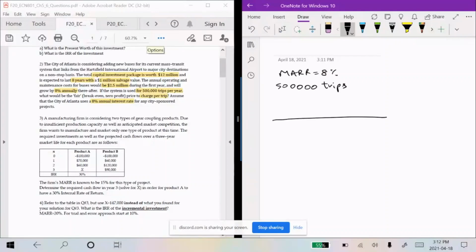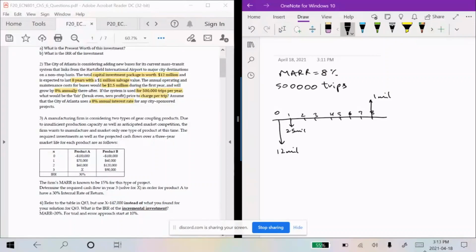Let me draw the cash flow diagram for this. $12 million investment, and it's 8 years. Next, $1 million salvage value. Annual costs are 2.5 million and they increase by 8% every year.